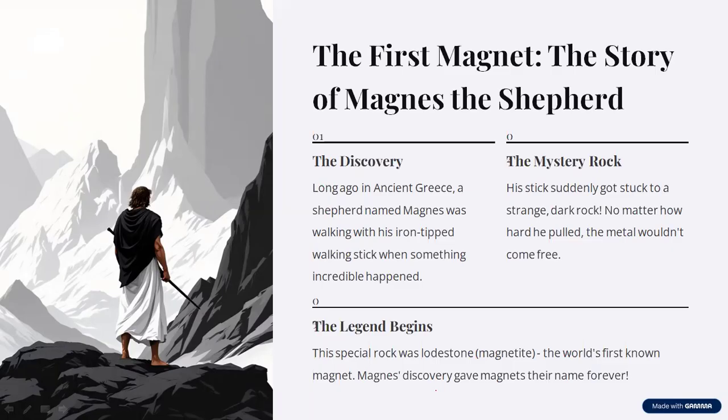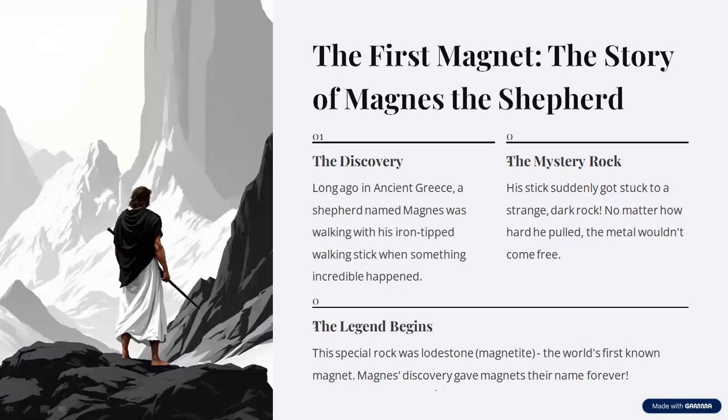Then he told the world that these rocks have some invisible power. And as his name was Magnus, the rocks were called magnets. The whole name magnet, magnetic material and magnetism was derived from that.